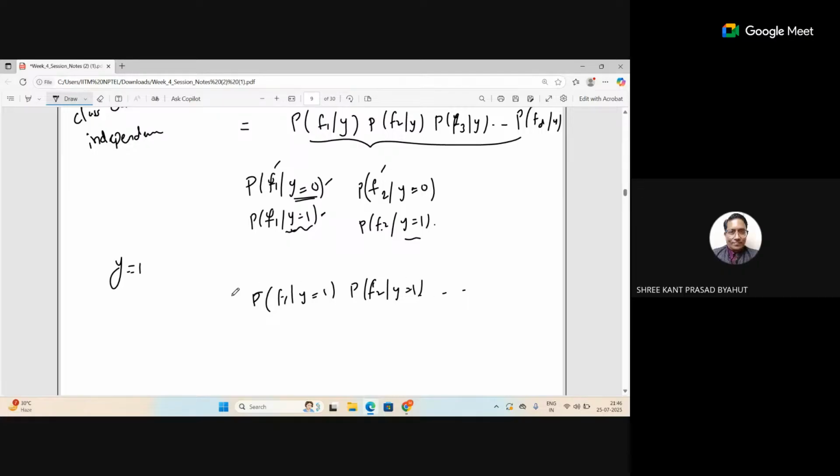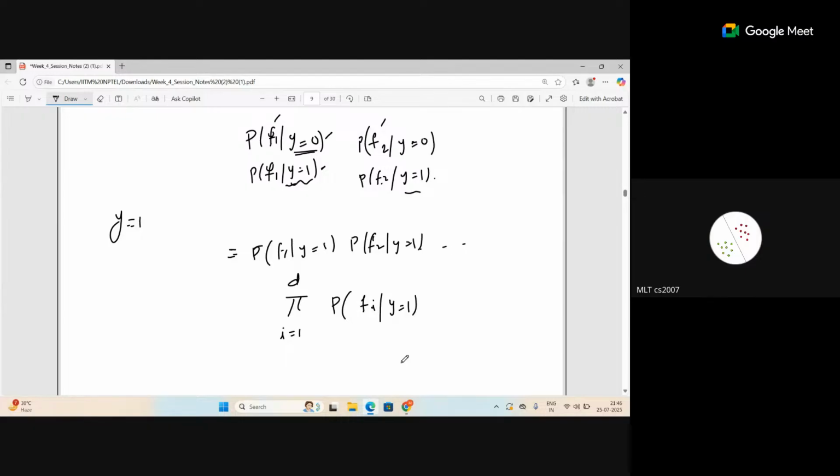It is a product, right? So it is a product over i equal to 1 to d of probability of fi given y equal to 1. But what is this probability of fi given y equal to 1?